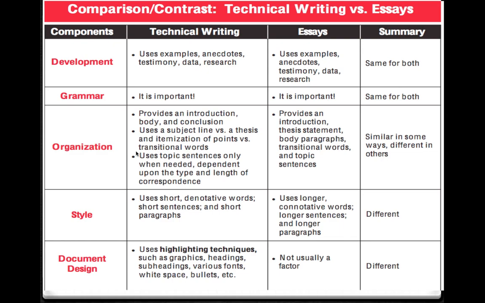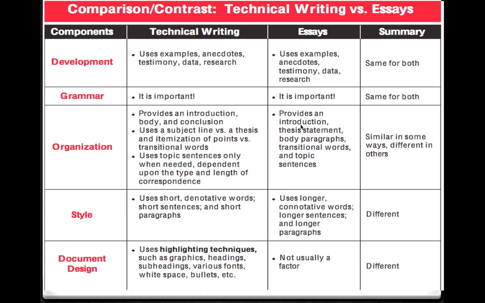Subject line means, in applications and formal letters, we write the subject after the inside address, and then we come to the salutation. So in the subject line we write the main idea of the letter. Itemization means we can write the information in bullet form or points.